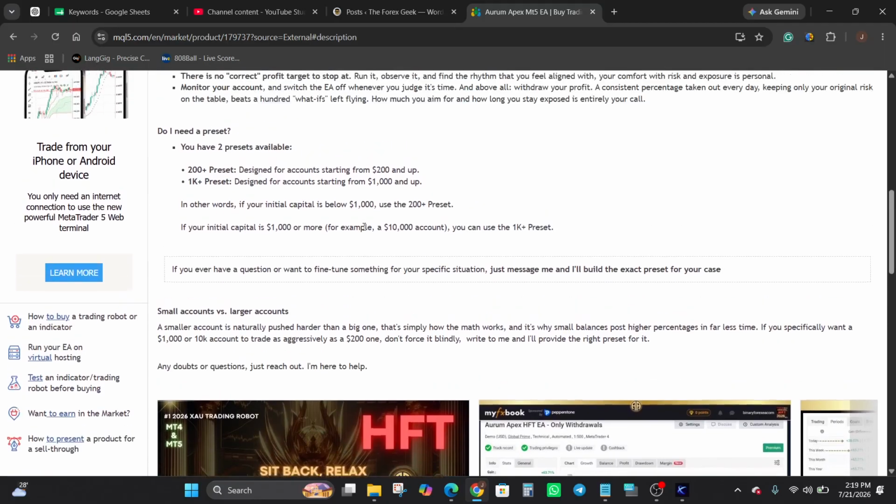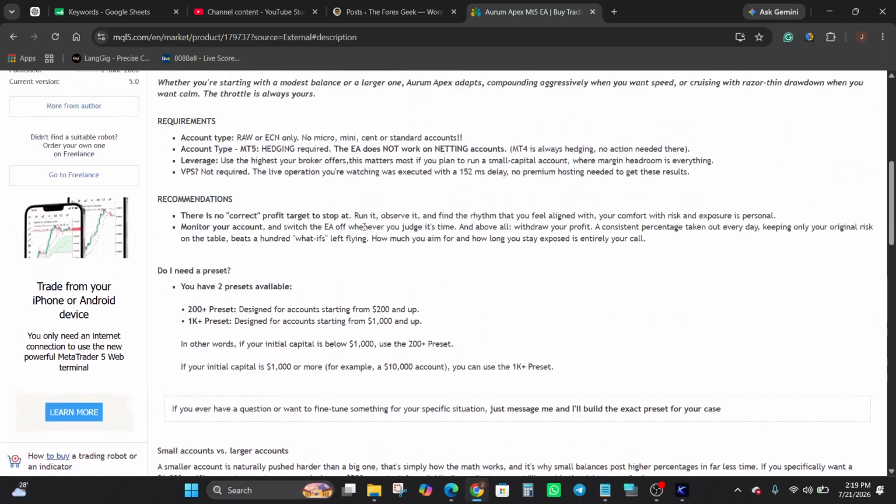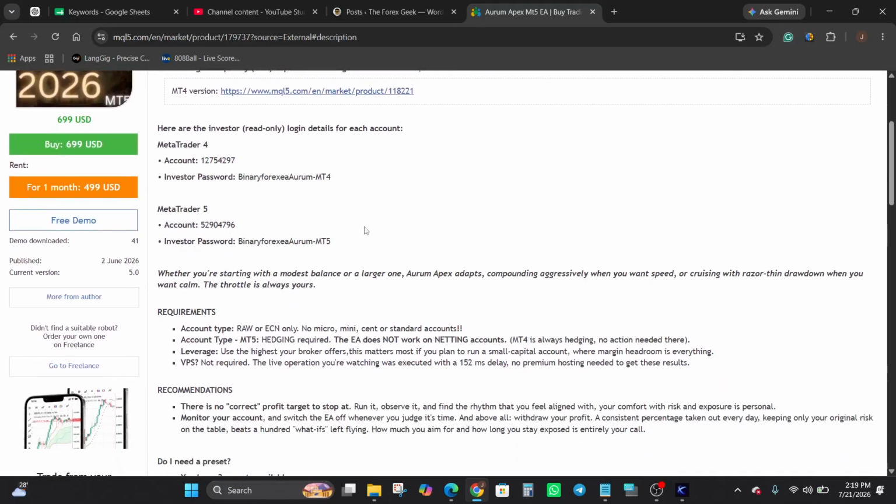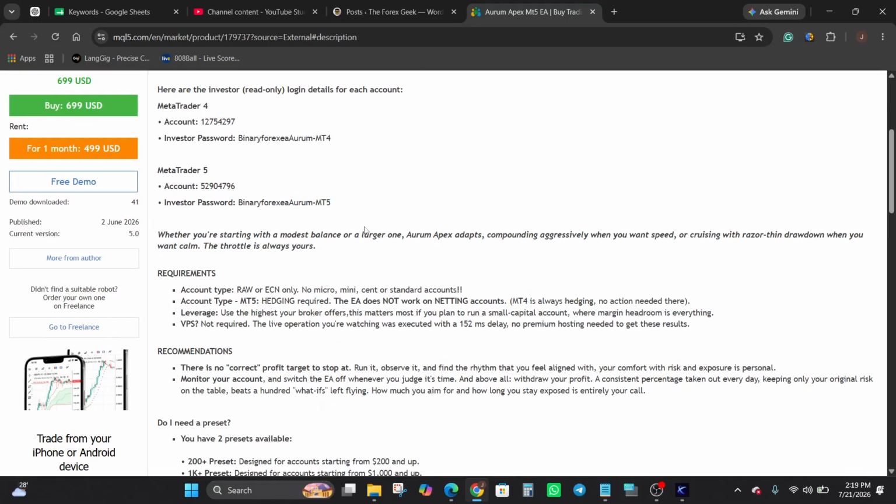Examining the settings inputs, the system offers configurable risk percentage inputs, daily loss caps, and trade timing filters. It includes options like set at 20% and all of that.